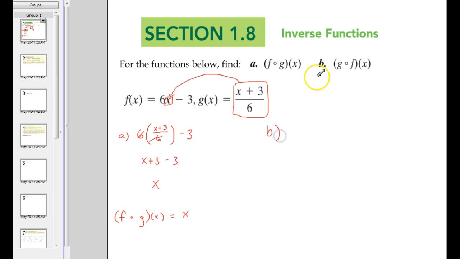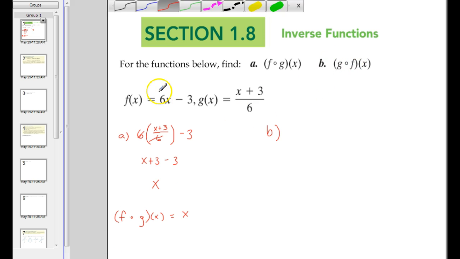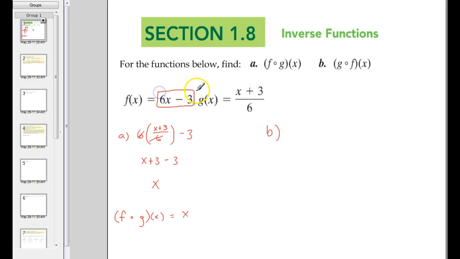And then when we do b, now we're doing a reverse process here. So now we're going to take the right hand side of this function f, and we're going to replace it into this g function where the x is. So we get, instead of x plus 3, we're going to have 6x minus 3 plus 3 in the numerator.